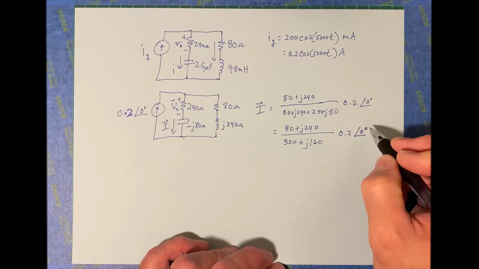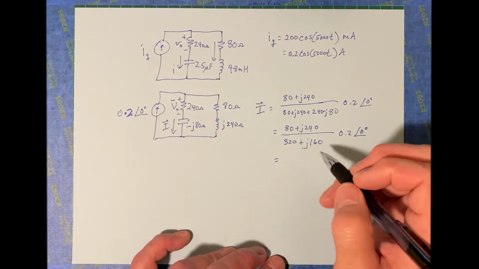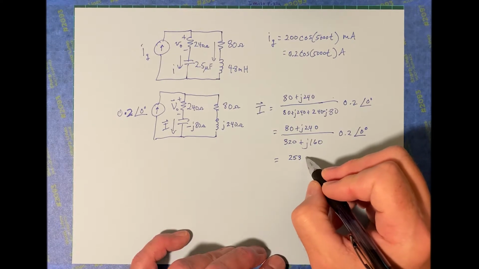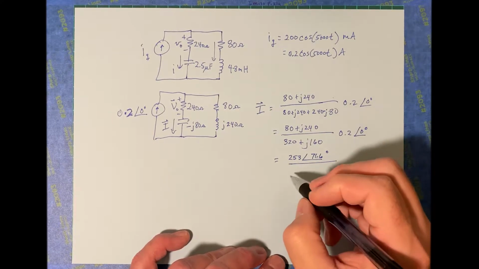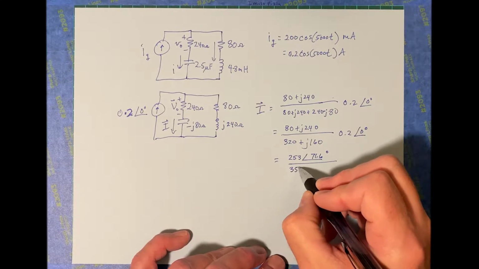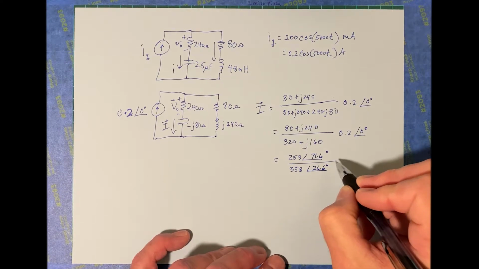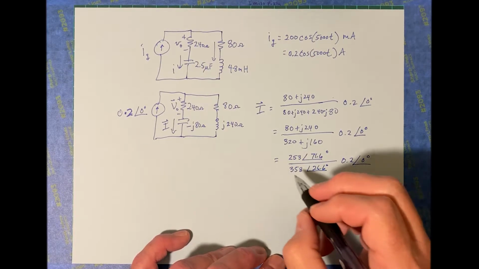All right, multiply that times 0.2, angle 0 degrees. Now we need to convert these, and according to my notes, this is 253, angle 71.6 degrees, divided by 358, angle 26.6 degrees, times 0.2, angle 0 degrees.